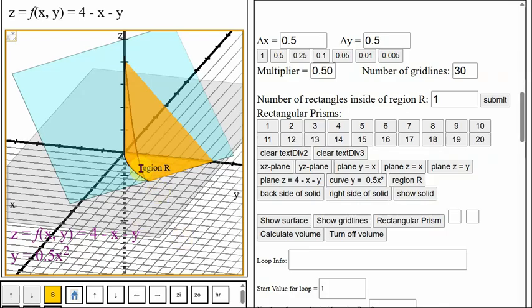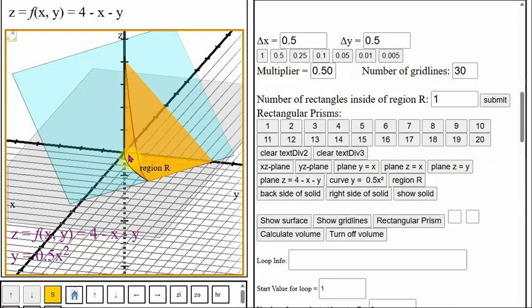And what I'm going to do now is divide region R right here into many rectangles. And so once again, this is 1, 2, 3, 4. And then this is 1, 2.